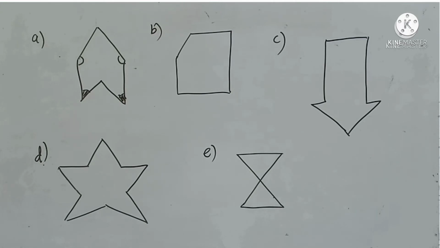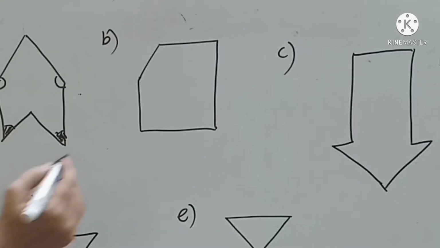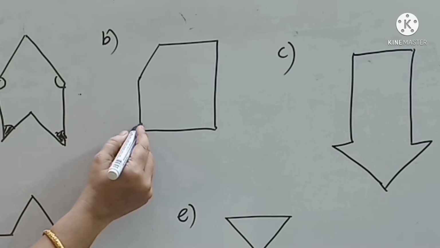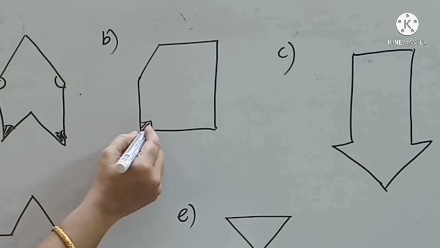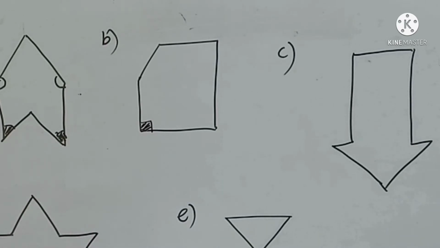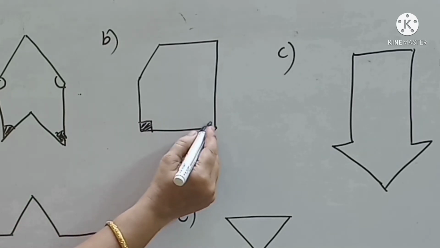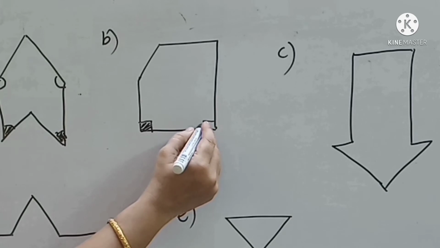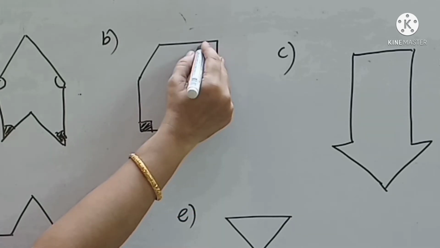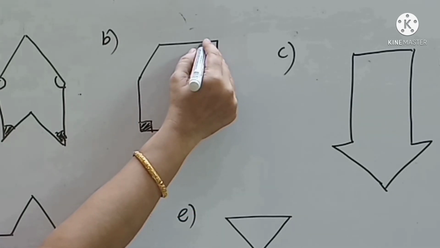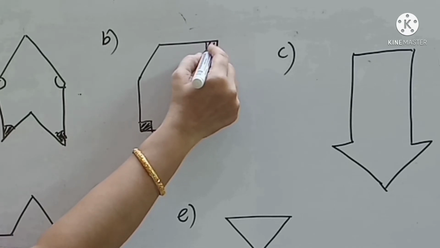B question. Here we are having right angles. So you can shade. Put L shaped. For marking right angles, you use this L shape. This angle is also equal. In the same way, we are having one more right angle.